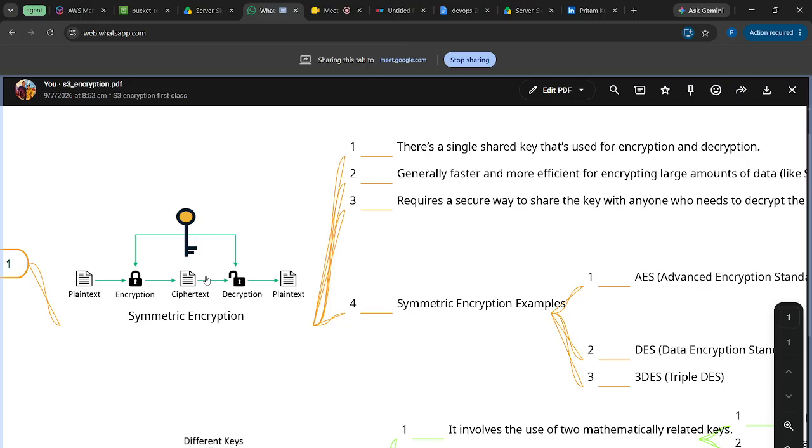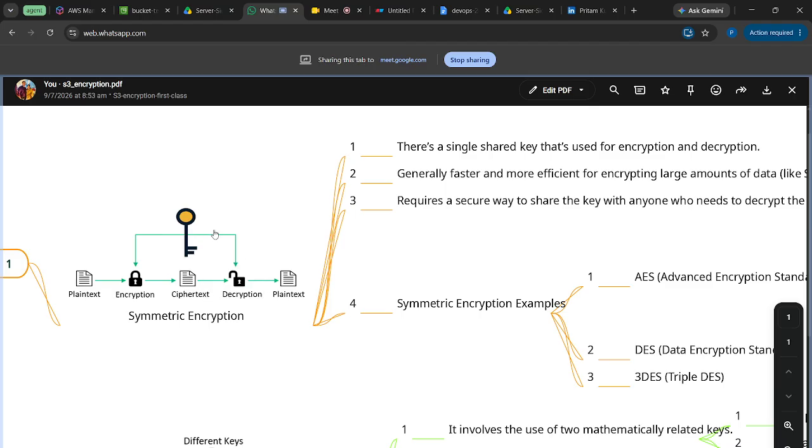Then again, when someone else, or even you, try to download or read the file, before it gets downloaded or opened in any browser, it will first start decrypting.